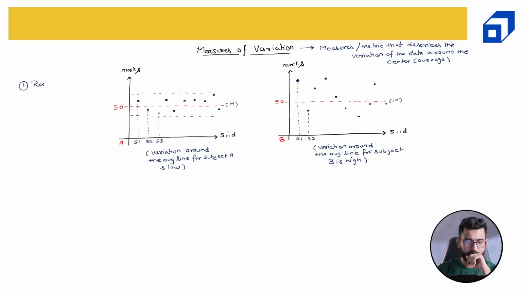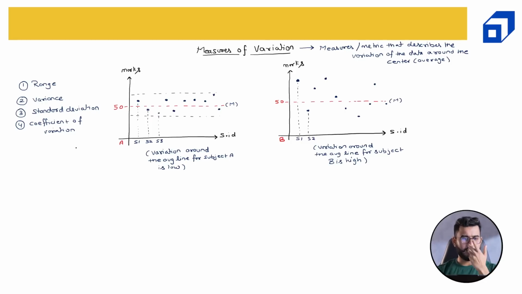We have range, we have variance, we have standard deviation, and finally we have the coefficient of variation. So let's talk about each of them.